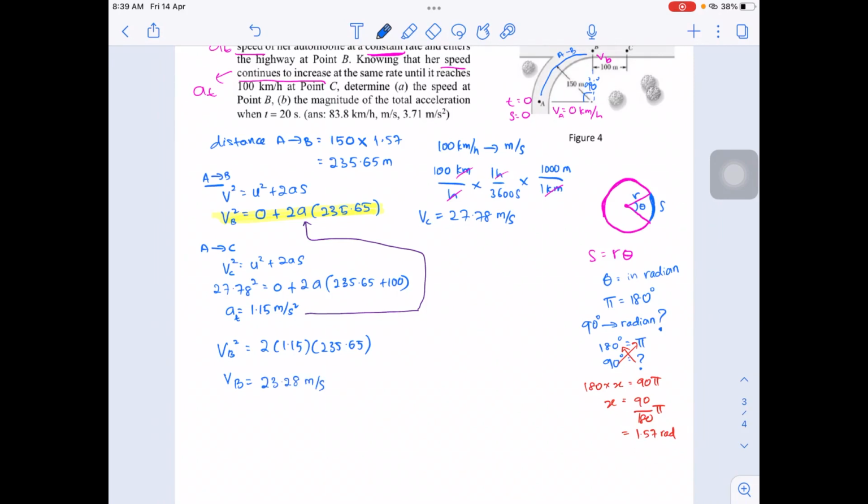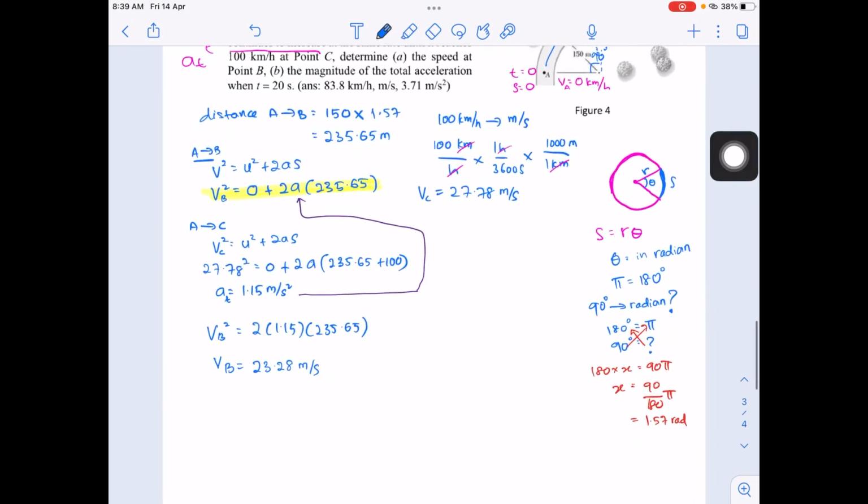meter per second. Tapi jawapan yang dibagi ni dalam kilometer per hour lah. Kalau soalan tak minta dalam unit apa, bagi je your answer in whatever units. But if the question asks the units in kilometer per hour, you need to convert back.